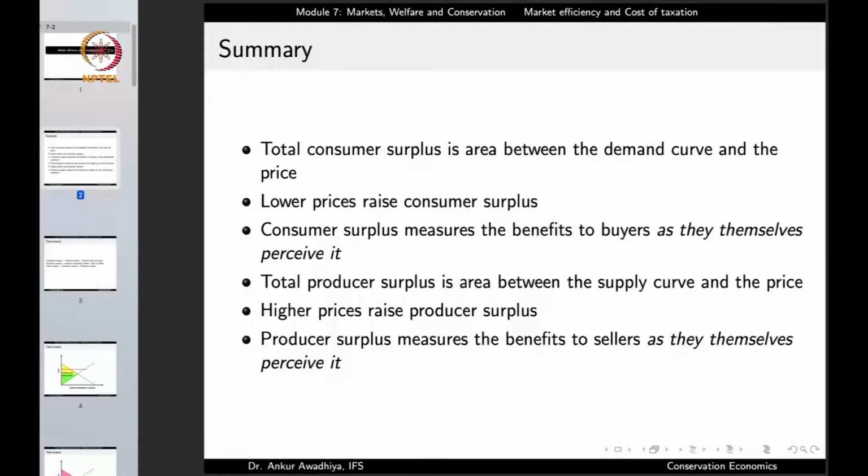Now, the cost to the producer is to a large extent in his or her own hands, because the producer might go for a cheaper variety of plastic and reduce his cost, or go for a more efficient machine to make this pen and reduce the cost. The difference between the price and the cost to the producer is the producer's surplus as they are themselves perceiving it. So this is the summary of what we had seen so far.